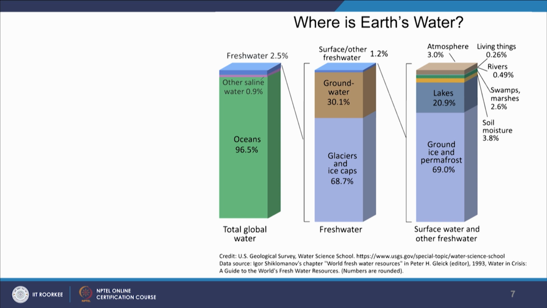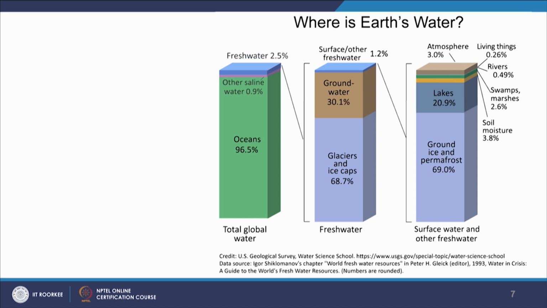And the fresh water which is available in the form of snow, ice, glaciers, streams and springs is only 2.5% of the total global water. So, a very tiny amount of fresh water is available to us for consumption. Now, when we see where this 2.5% of fresh water is distributed, groundwater, where we are more concerned in this course, is about 30%.